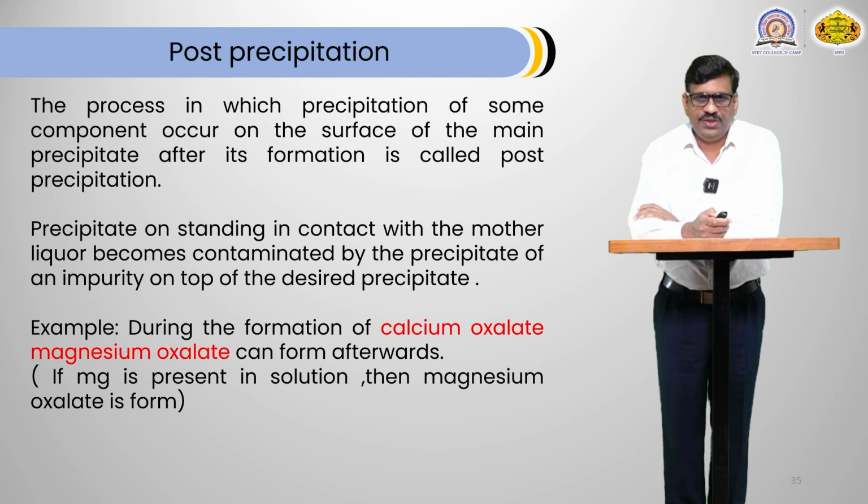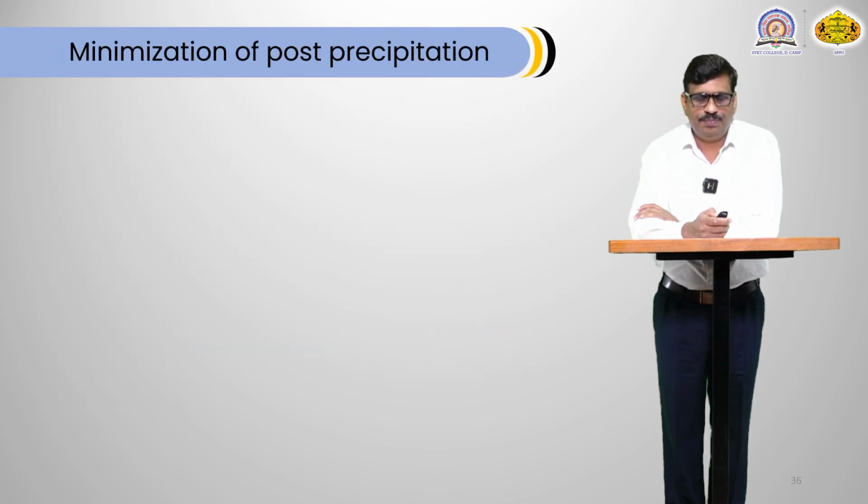Precipitate on standing in contact with mother liquor becomes contaminated by the precipitate of an impurity on the top of the desired precipitate. Example, during the formation of calcium oxalate, magnesium oxalate can be formed afterwards. If Mg is present in solution, then magnesium oxalate can be formed. This is called post-precipitation.